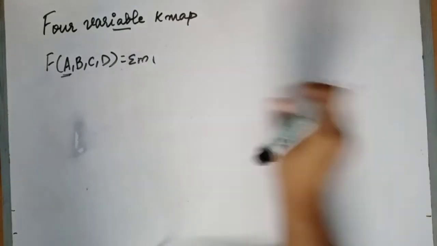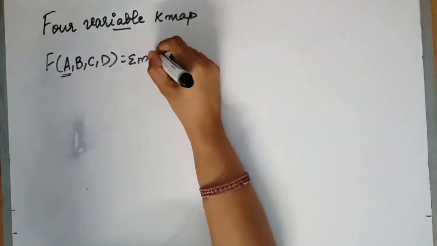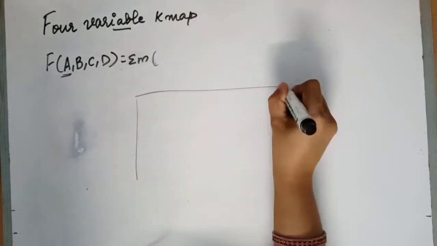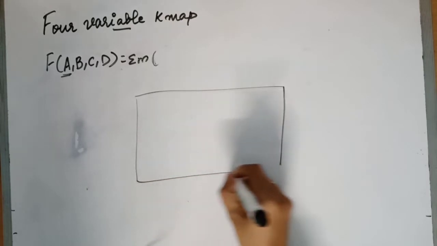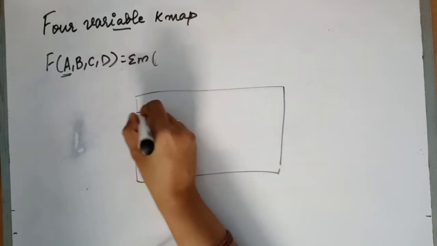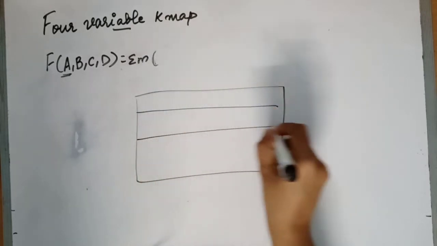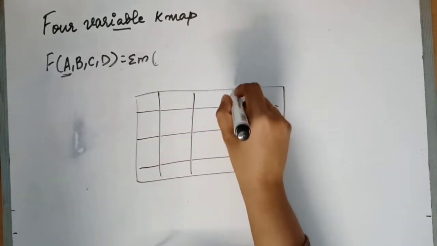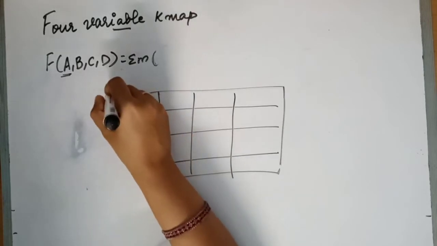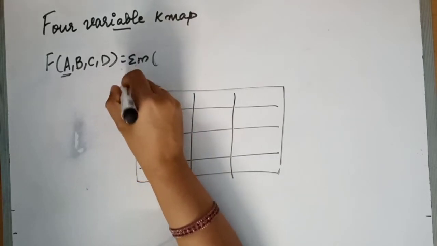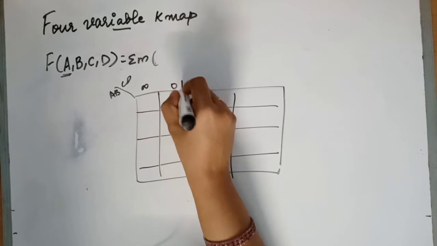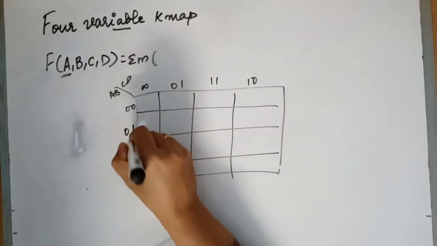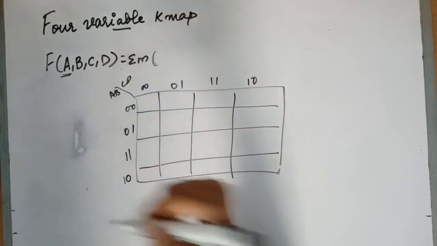Suppose your question is, A, B, C, D, 0, 0, 0, 1, 1, 1, 1, 0, 0, 0, 0, 1, 1, 1, 1, 0.